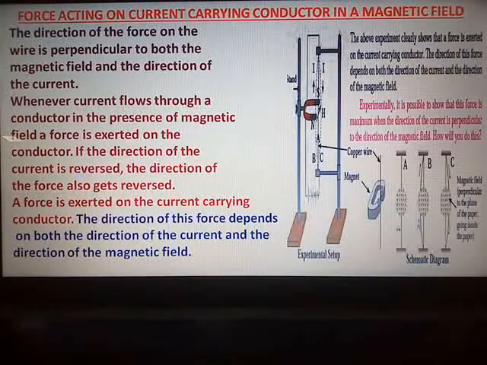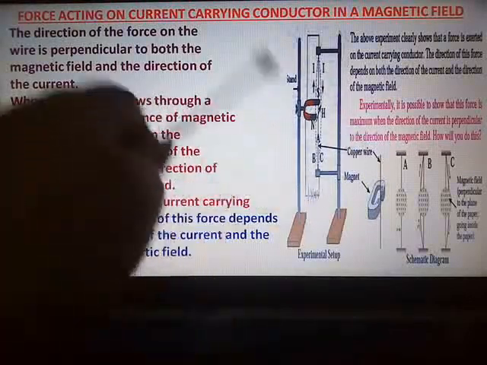Now, what type of questions are likely to be asked on this part of the chapter? You have studied the magnetic field due to current in a circular loop and current in a solenoid. Here direct questions will be asked, or this experimental setup will be given to you.